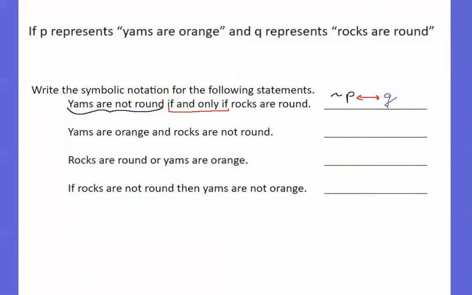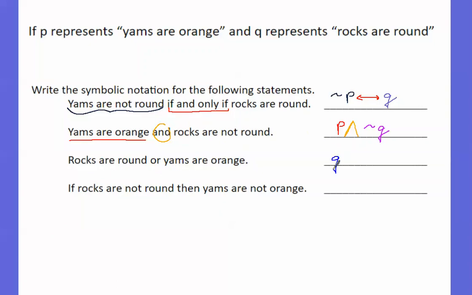Just an example. Yams are orange. That's straight up what P says. So I've got P. That's what this part is. And, well, I've got my word and. I need to remember that that's going to be a symbol that starts off looking like an A. Rocks are not round. It's the opposite of the meaning of Q. So I'm going to use tilde Q. Rocks are round.